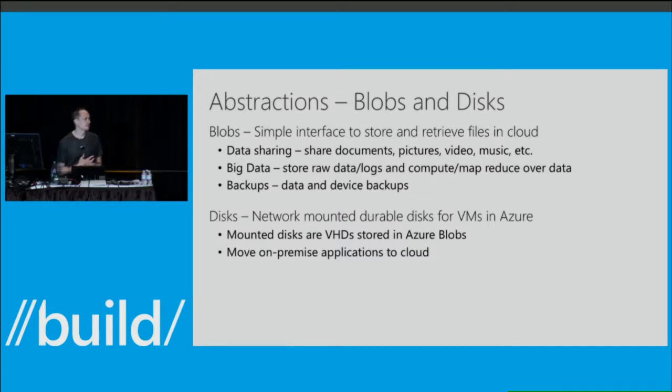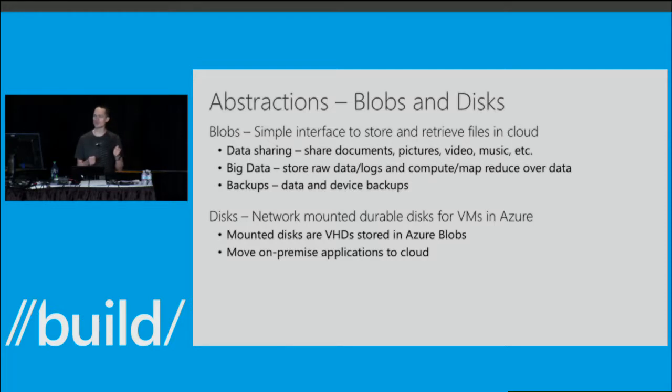Disk is a recently introduced concept for our VMs, where what we allow you to do is upload VHDs into our blob storage system. So you can use the existing blob interfaces to upload those VHDs, manipulate those VHDs in the cloud, and then you can take those VHDs and mount them with your VM.